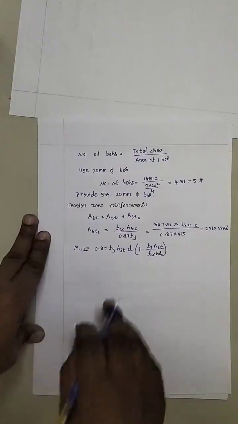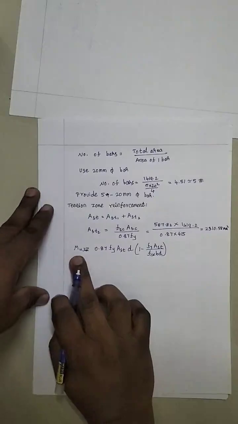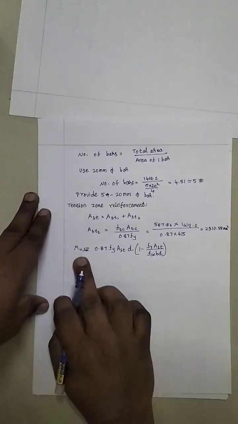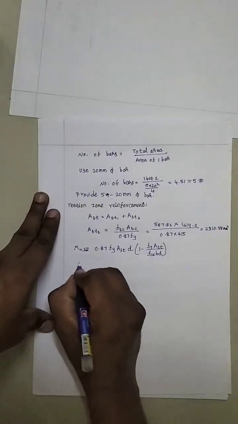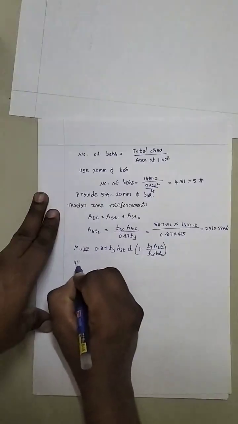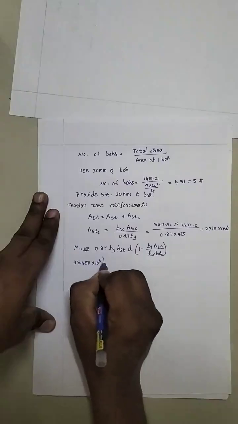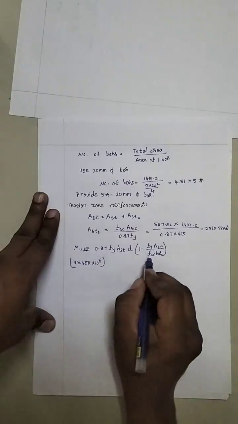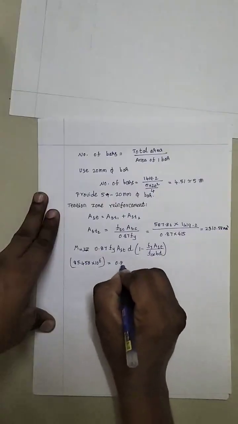Here you will have Mu in that code book, but because in a doubly reinforced beam, instead of Mu we need to use Mu limit. So if you are going to substitute the value, you need to substitute the Mu limit value. The Mu limit value which we have calculated is 85.458 into 10 to the power 6. Because Fy and FCK will be in terms of Newton per mm square, we need to convert everything into Newton per mm square.